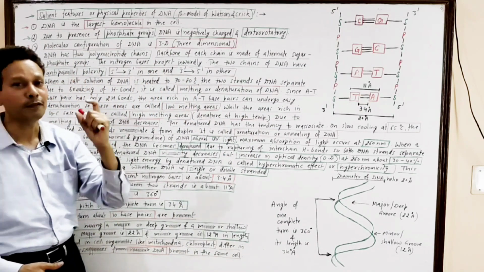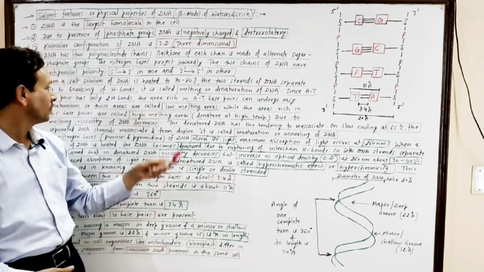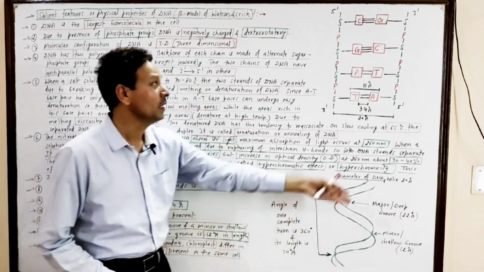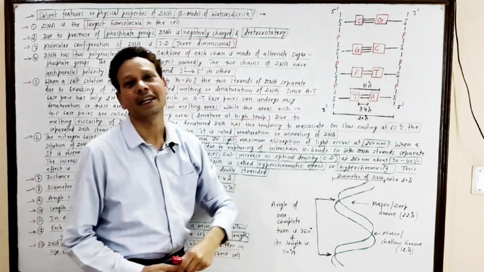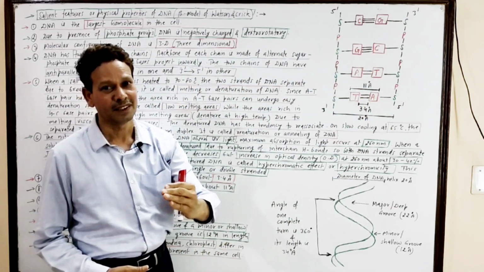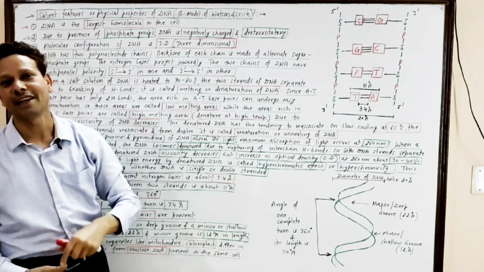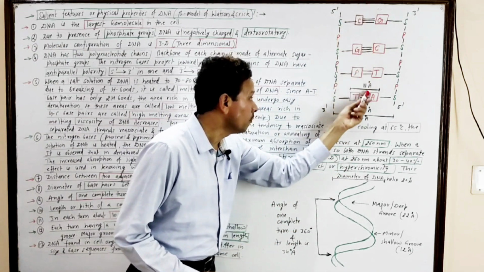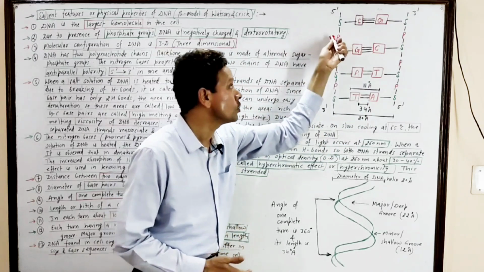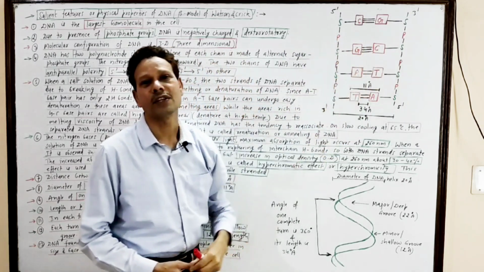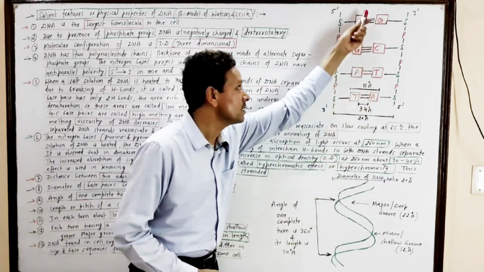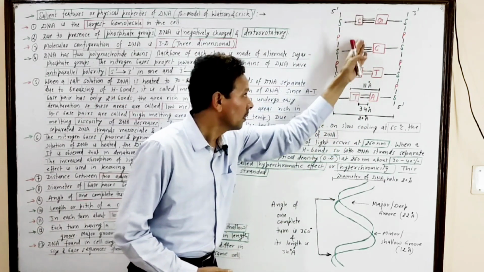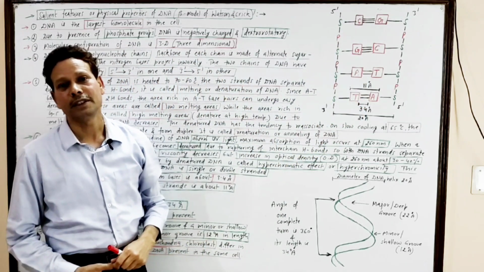Next property, the fifth property, very important. Note down, when a salt solution of DNA is heated at 70 to 80 degrees, then the hydrogen bonds which are present between these two polynucleotide chains get ruptured.